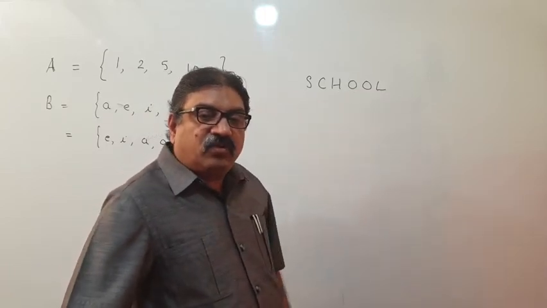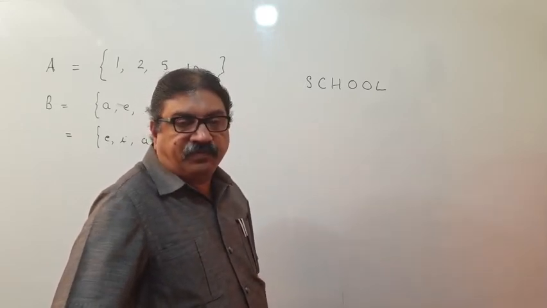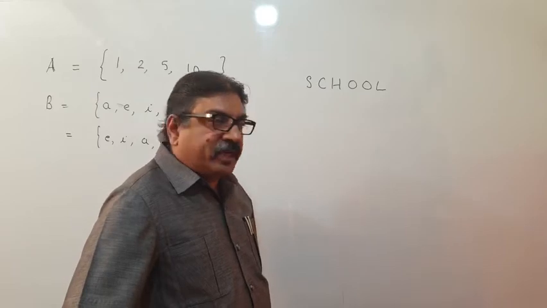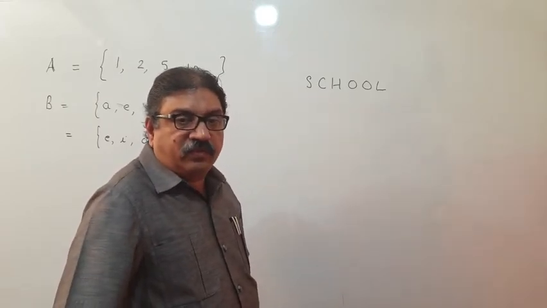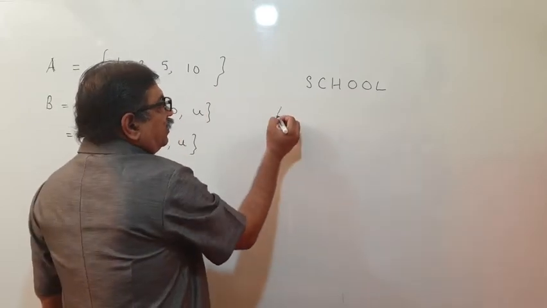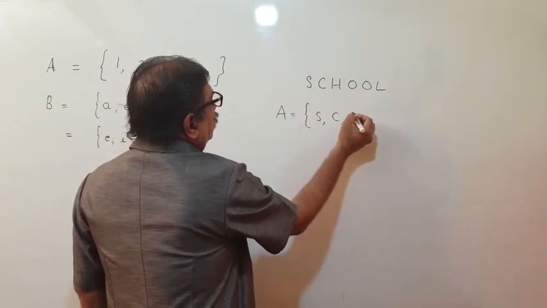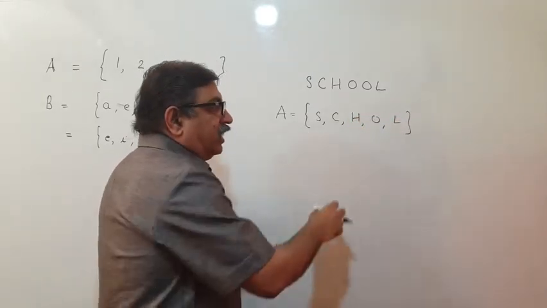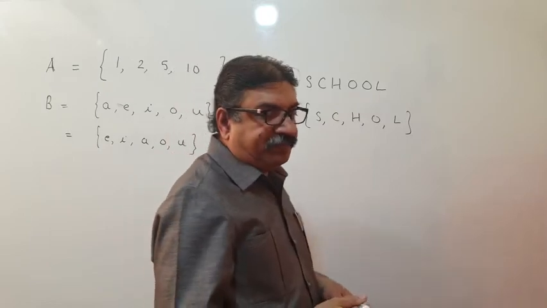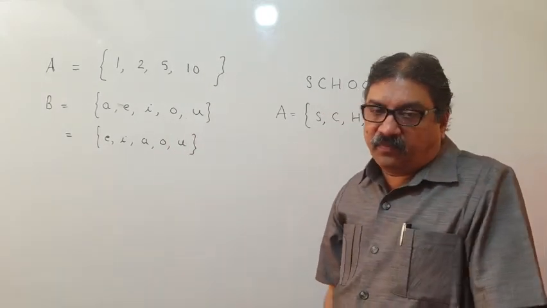Now if I ask you to write all the letters of this word in set form, supposing I call this set A, I will write S, C, H, O and L. Only once O will come, even though it is here 2 times. So we never repeat an element in sets, please understand.